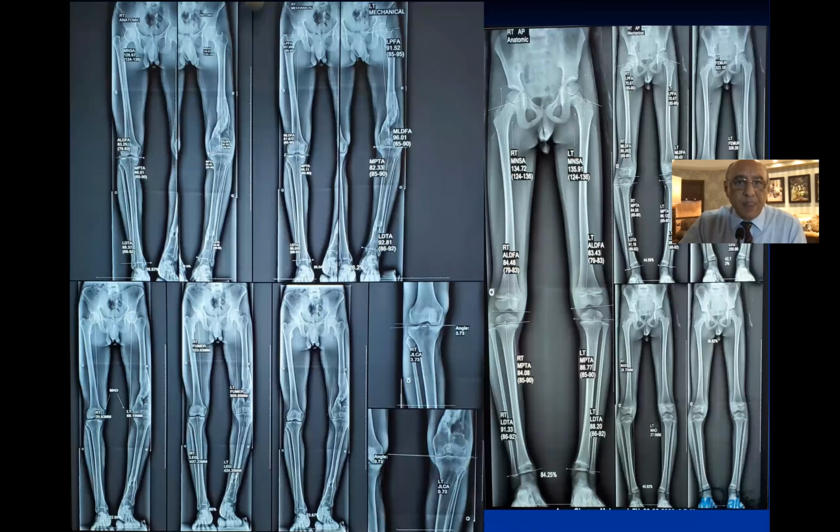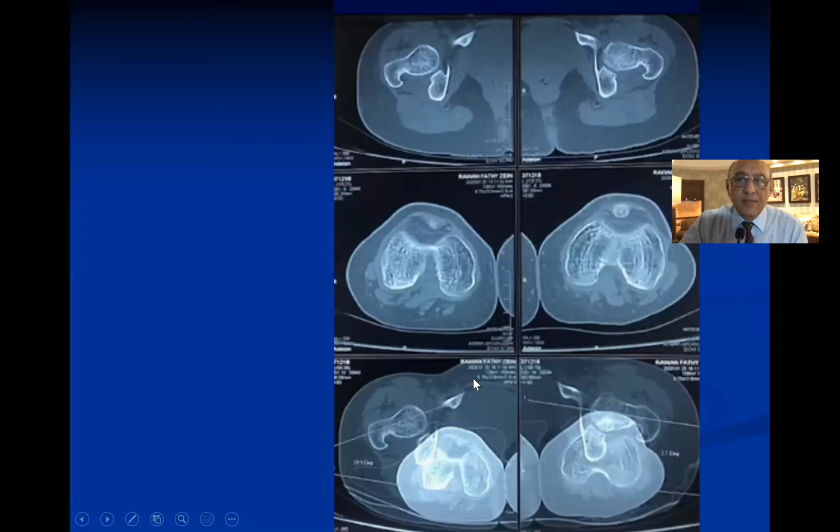stress. This is the scanogram. It takes the mechanical axis, measures the MPTA, the medial proximal tibial angle, and the distal lateral femoral angle, the joint conversion angle, and the length if it has to be measured.